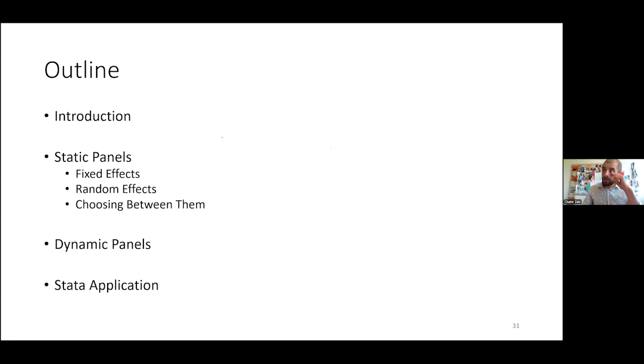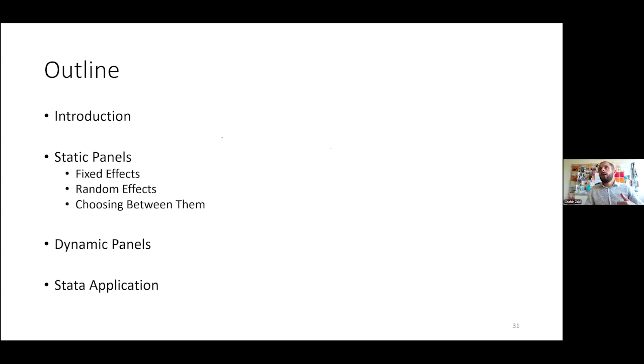So the dynamic panel in a nutshell, and you will have some more technical details in the slides, but I don't want to spend the whole lecture on theory before moving to the empirics, is to introduce, among the explanatory variables, the lagged value of the dependent variable. It's a practice that is much more used in macro data than micro data, because if you do this in micro data, you will lose one year, and in micro data we don't have a lot of waves.